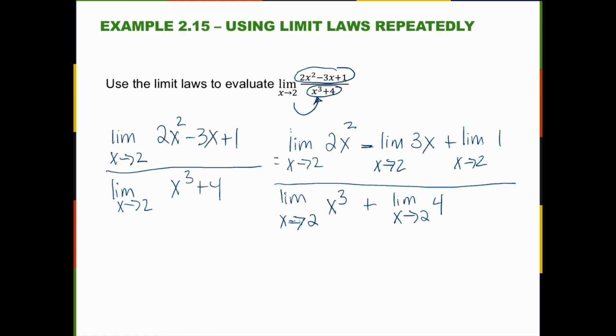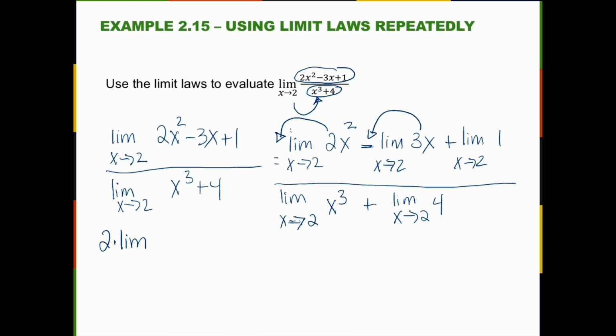Now this is where I can break it down even more using the power rule and the constant rule, where I can bring a constant in front. So lastly, I'm going to take this 2 and bring it out front. I'm going to take this 3 and bring it out front. And then I can also square the limit after I separate it.